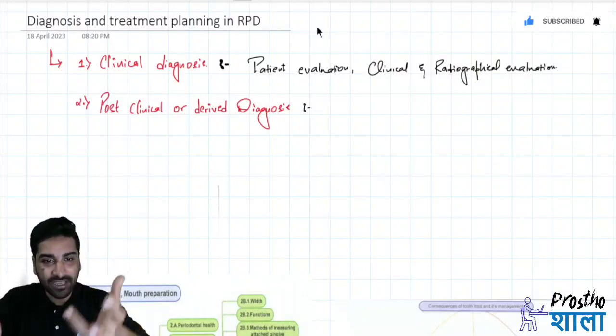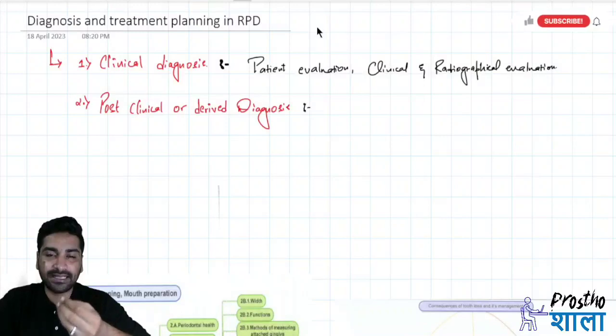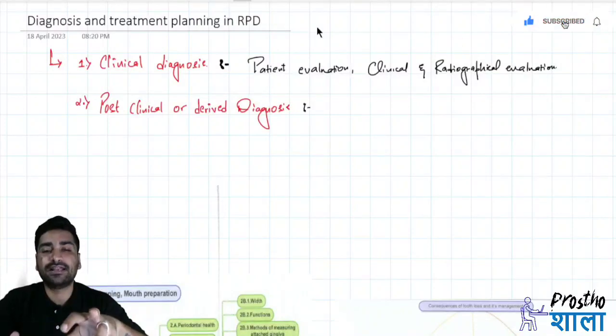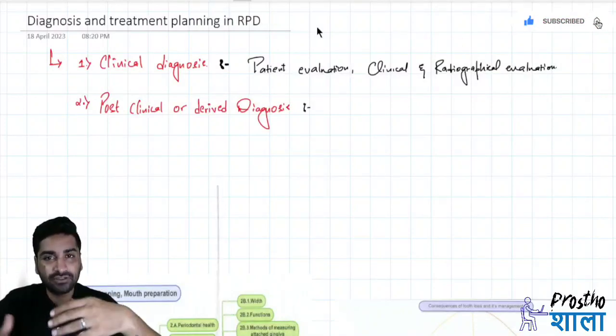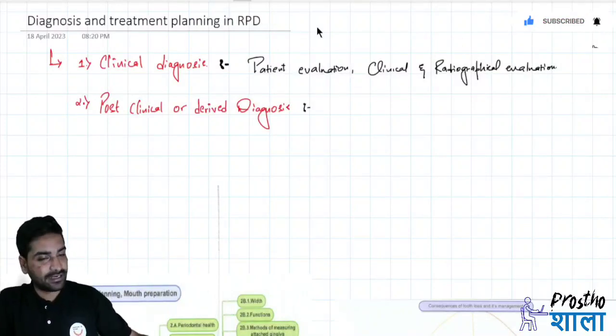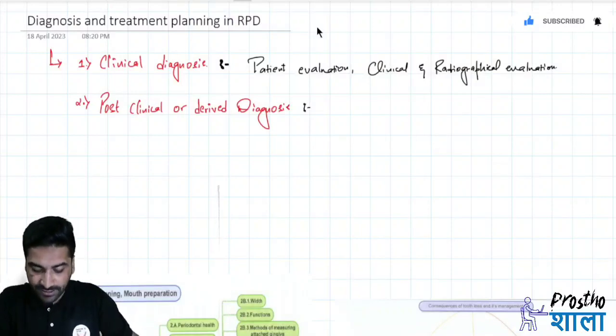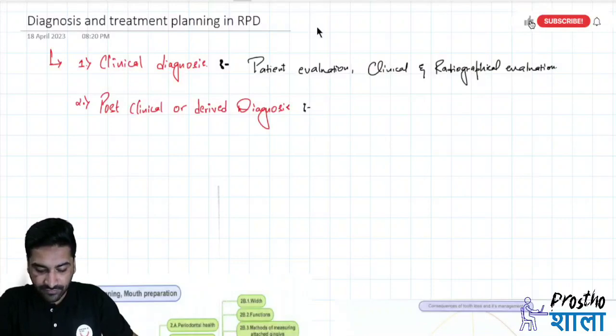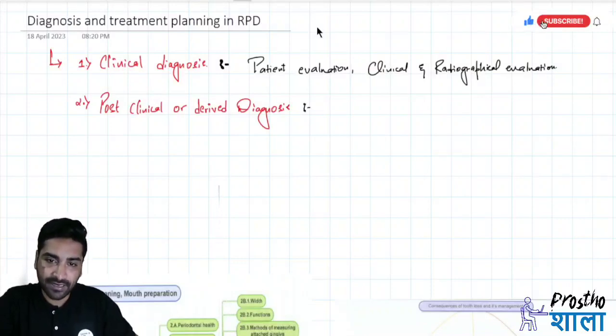So whatever evaluation you do based on the clinical and radiographical data, and also the evaluation of the diagnostic cast, you come up to a final or derived diagnosis, and then based on that you formulate your treatment plan, right?